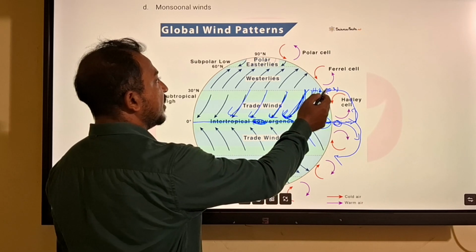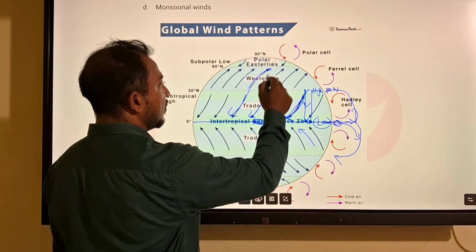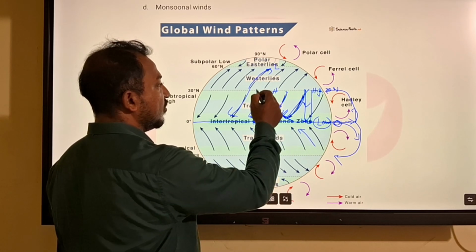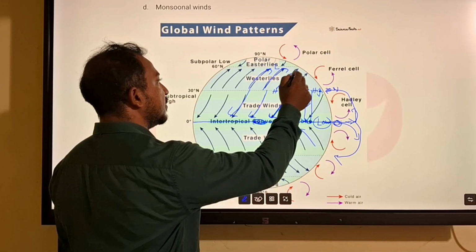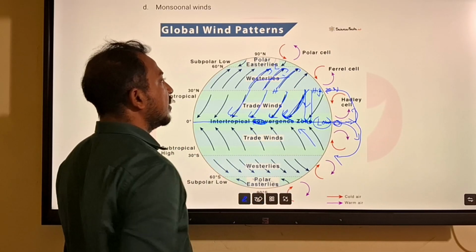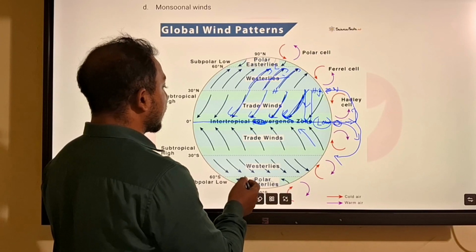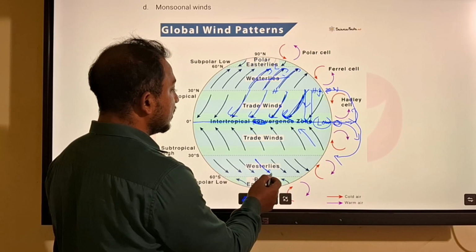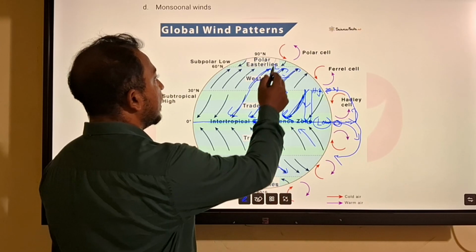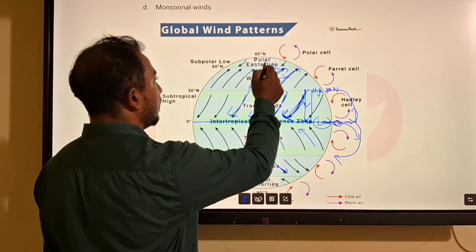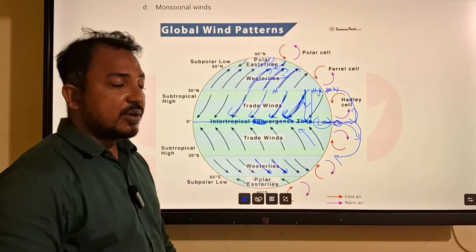And then from 30 degree to 60 degree you will get westerlies, because this is high pressure, then this is low pressure region, so mostly it flows from the west, so that's why it is called westerlies. Then from 60 to 90 we have another belt, that is easterlies.